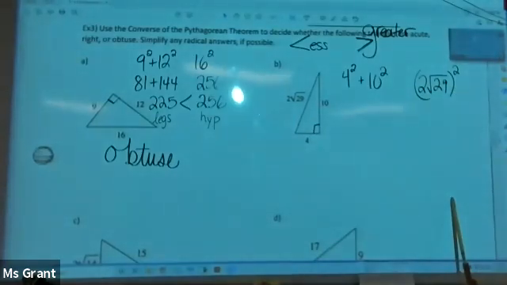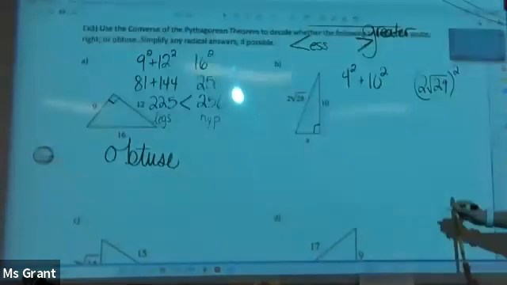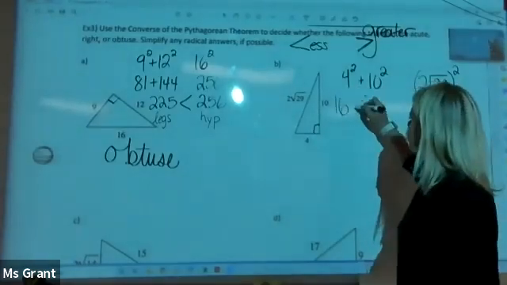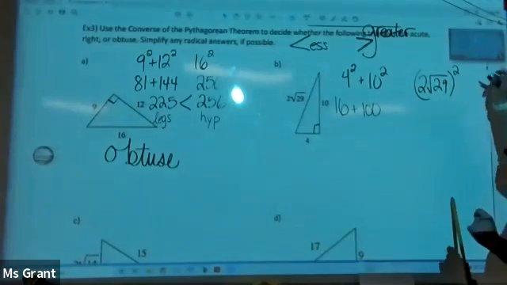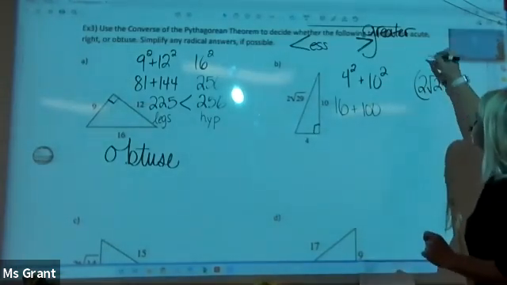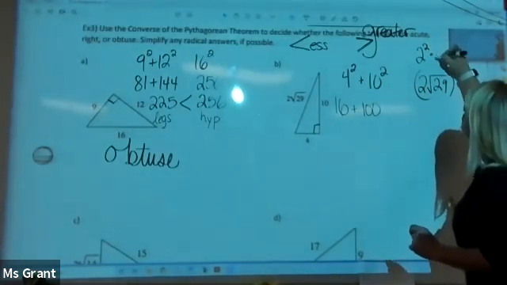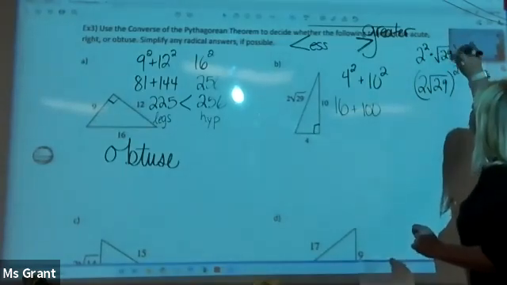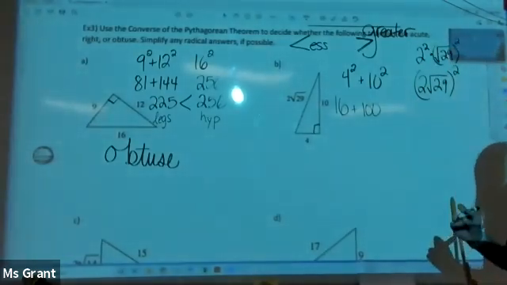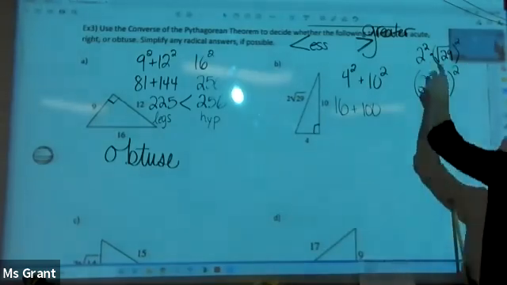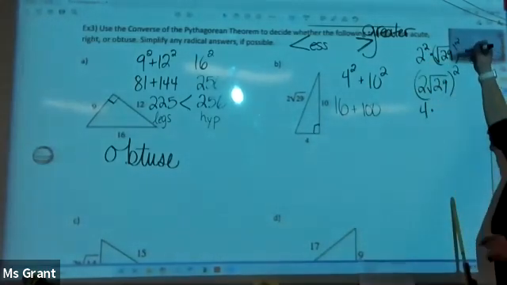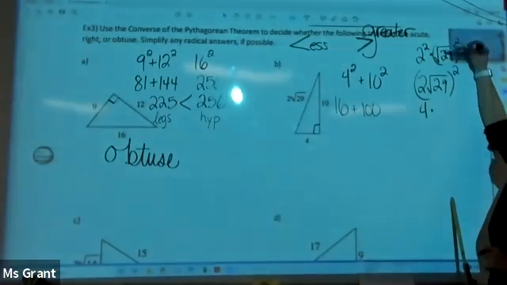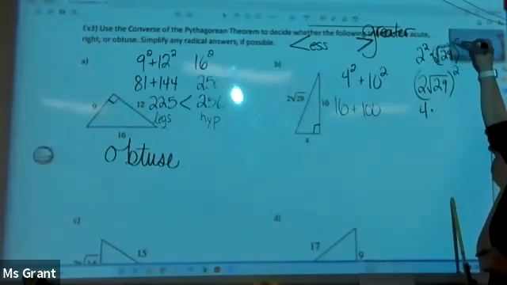But here we go. Obviously 4 squared is 16. 10 squared is 100. Now, 2 squared times rad 29 squared, that's what I'm doing here. This is 4 times the squared and square root cancel each other out.